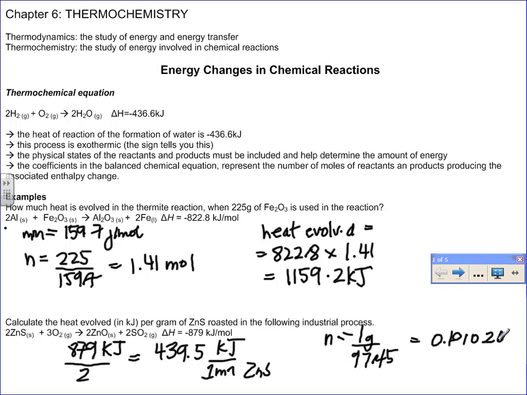So then the heat evolved is the 439.5 times the number of moles, and we get 4.51 kilojoules. You can check that your work makes sense here because one mole is 97 grams. We've only got part of a mole, so it makes sense that it's only 4.51 kilojoules.